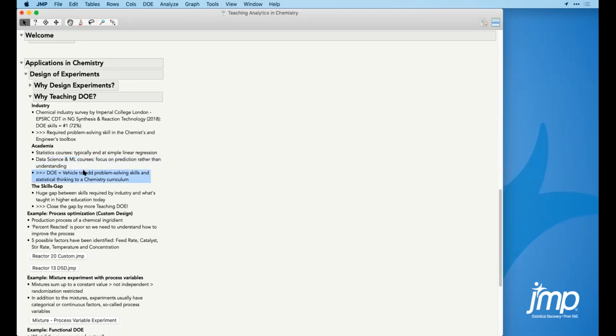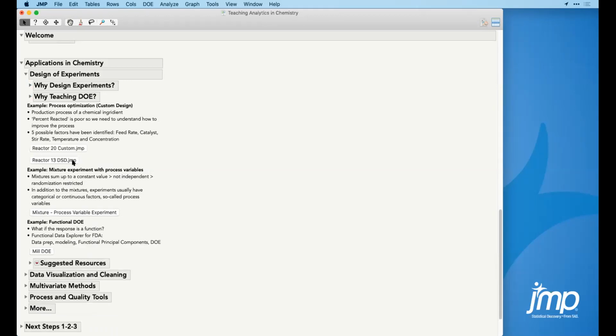So a DOE course could be a nice vehicle to add more problem-solving skills or statistical thinking to your curriculum. So, summing up, this would really close a gap between what the industry needs and what's currently taught at universities.